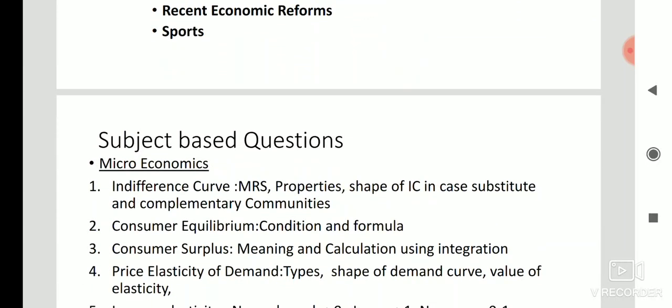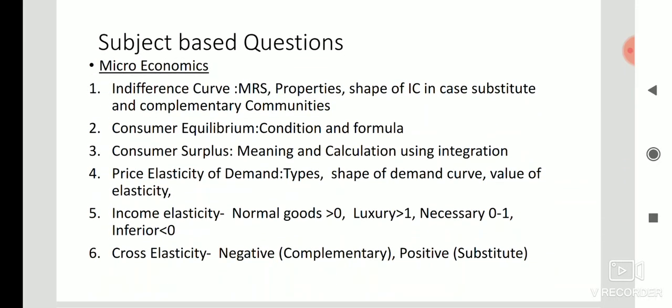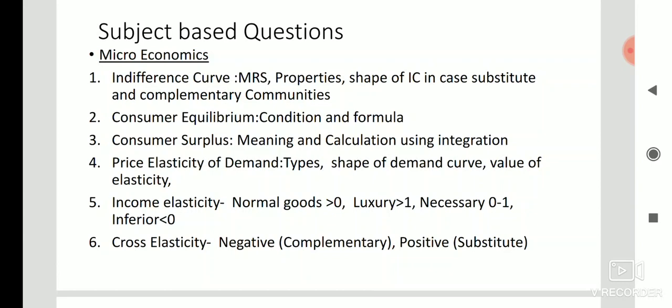Then coming to our topic, 25 questions will come from general knowledge, and the rest 75 questions will come from our economics papers. So here I would like to highlight some of the important topics of microeconomics, and basically questions come from these topics.